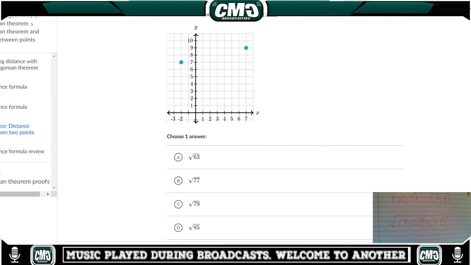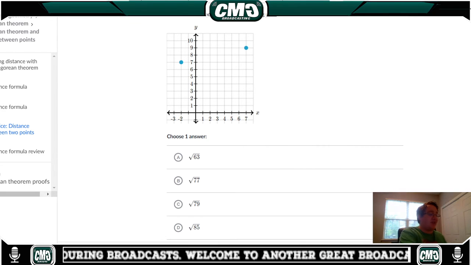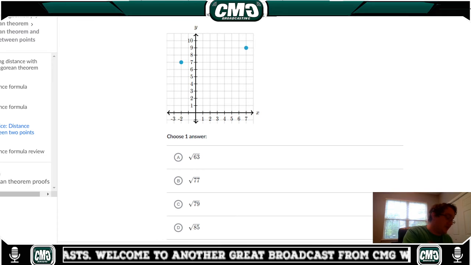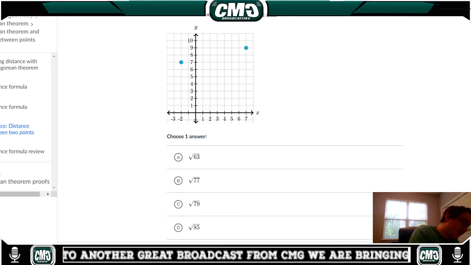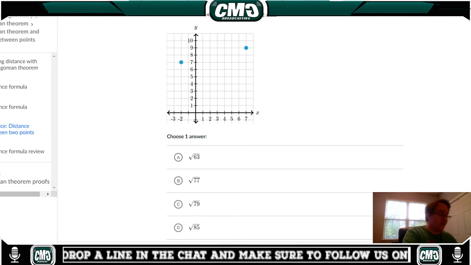We've got 7 minus -2 on the left side. Again, keeping those numbers together, keeping the pairs. The first ones together are 7 and 9. -2 and 7 are the ones that are after that. So now we get through here, we get 9 squared plus 2 squared, or 81 plus 4.